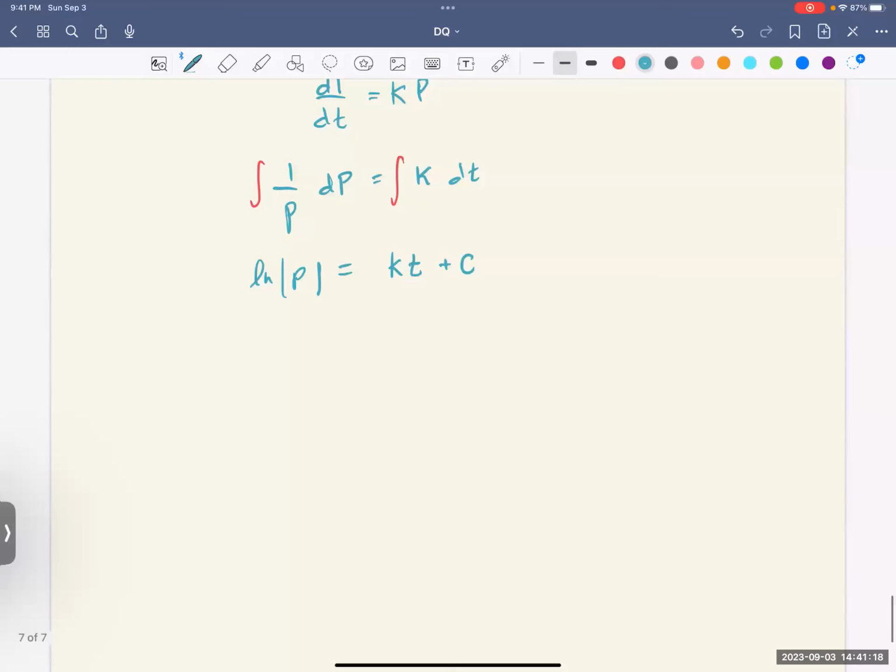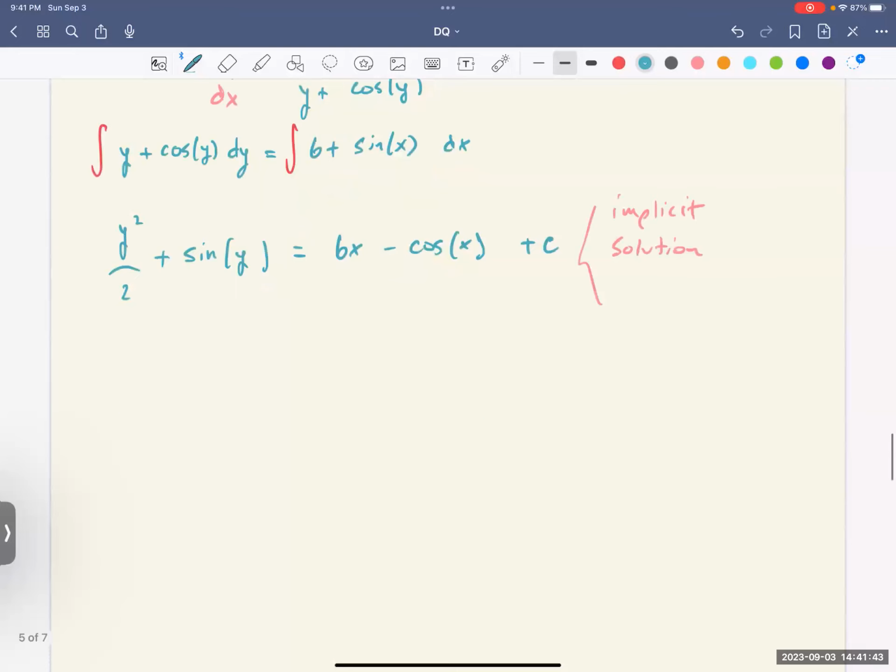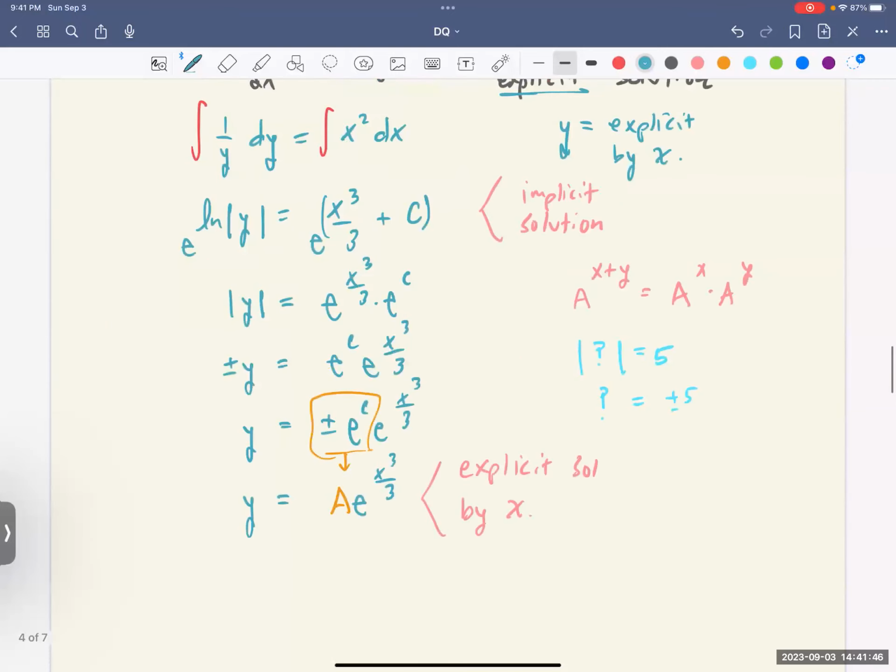And then let's exponentiate. Let's raise both sides to a power with a base e. That means the left side is absolute value p. The right side is e to the c, e to the kt, like we've done earlier. That was this problem here in the beginning where we had e to some things and we wrote e to the c times e to the x cubed over 3.